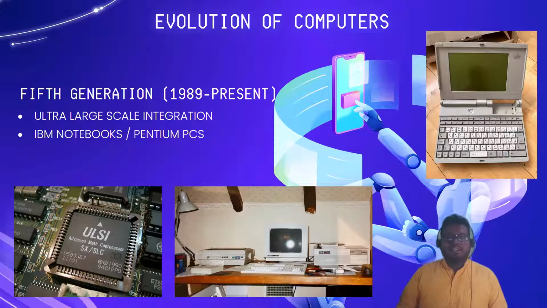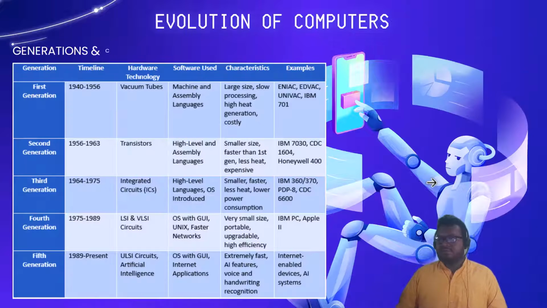In this generation, we have incredible processing power and AI capabilities, advanced graphics cards and multimedia systems, internet connectivity, and the ability to run complex applications and games. The advancement of the computer became more advanced in the fifth generation.